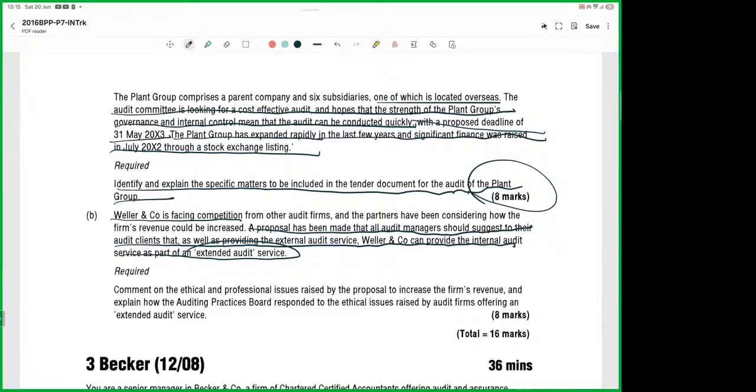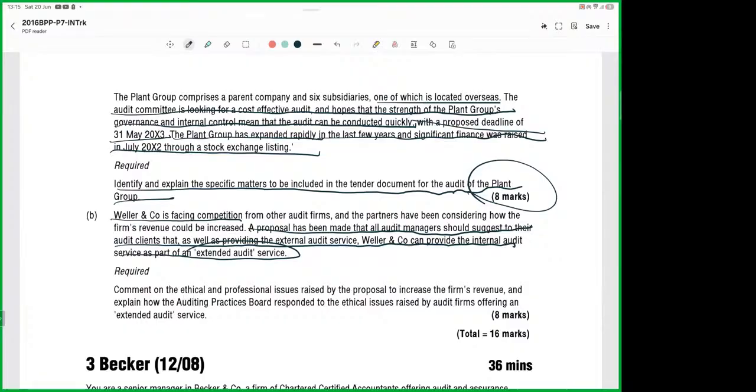Then we shall be able to place reliance on their work and use some of their audit reports in doing our external audit. So there is quite a high risk that I will be reviewing my own reports, should I be given internal audit. So straight away, I'm seeing a self-review threat.